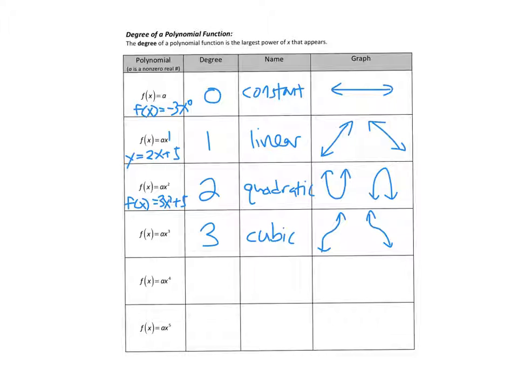The next one, ax to the 4th, degree 4, we call that quartic. And it actually looks a lot like a parabola, but it increases quicker than a parabola.